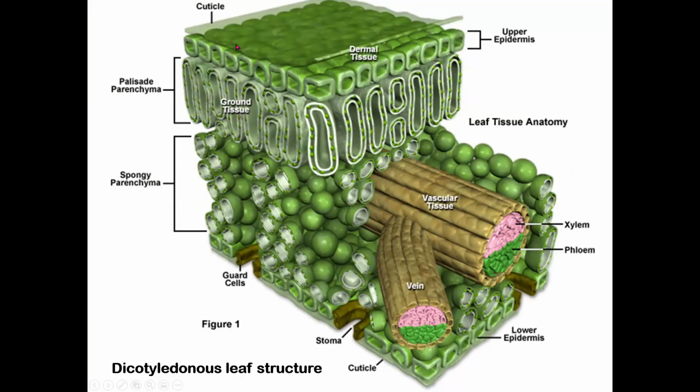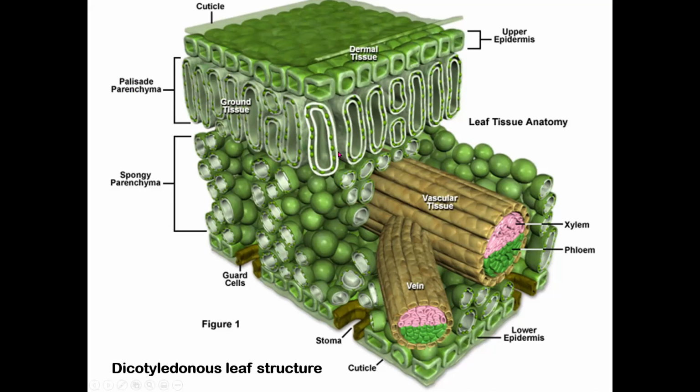Now, there are layers. You've got the upper and lower epidermis. You've got two different layers in here. Now, the palisade, it's called a palisade. The palisade is a name for columns, and sometimes you see it written as columnar epithelium.